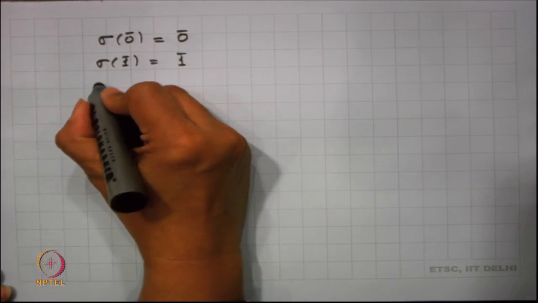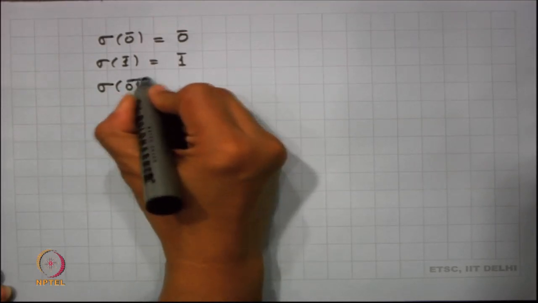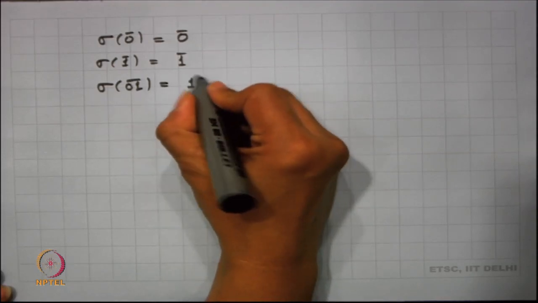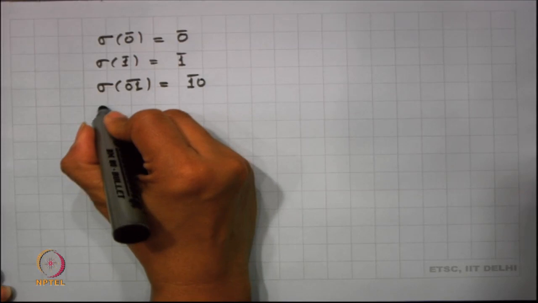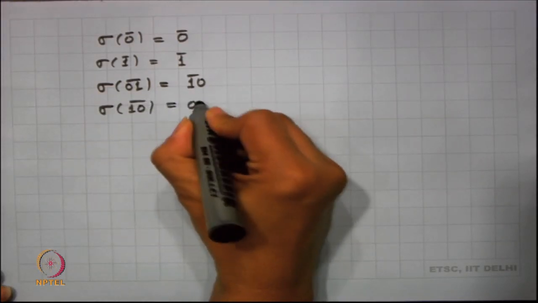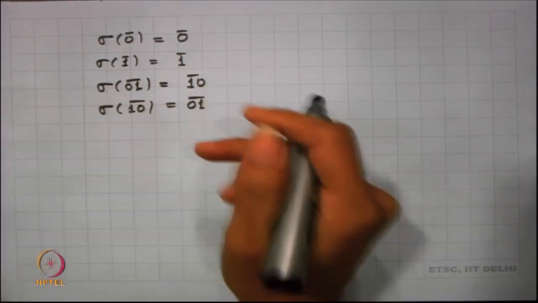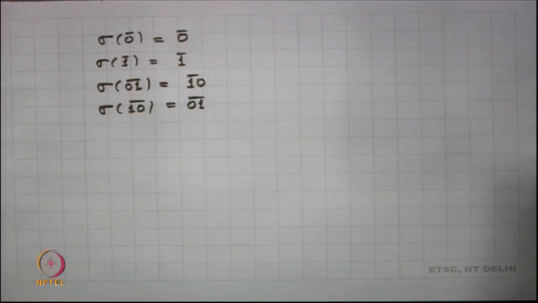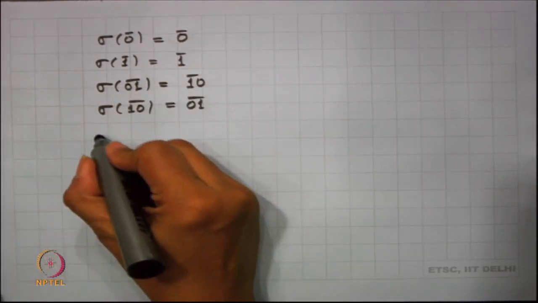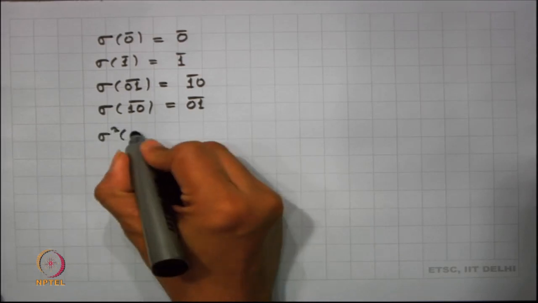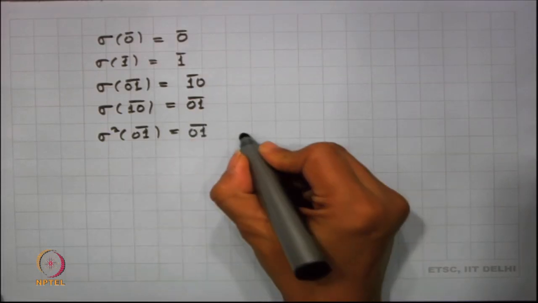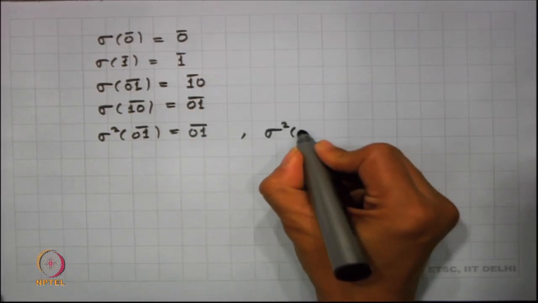If I take the image of 0 1 bar, I get 1 0 bar, and if I take the image of 1 0 bar under sigma, I get 0 1 bar. So the essential part is that under sigma square, 0 1 bar remains as it is, and 1 0 bar also remains as it is.